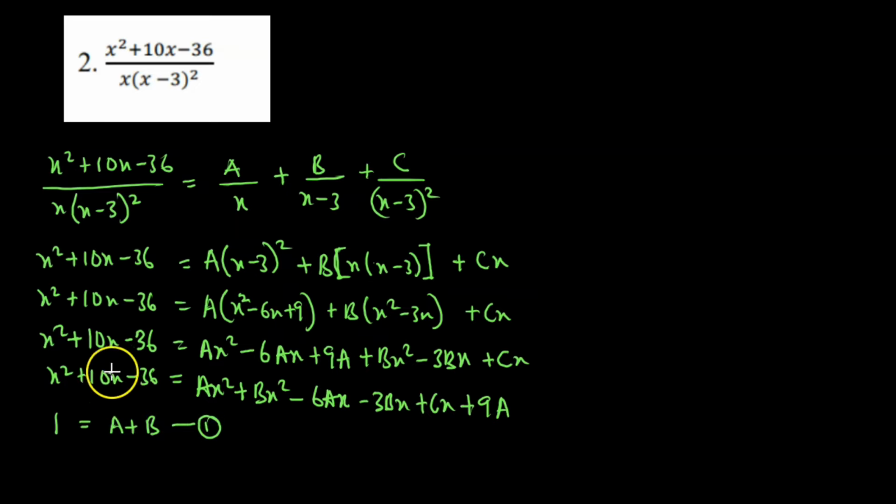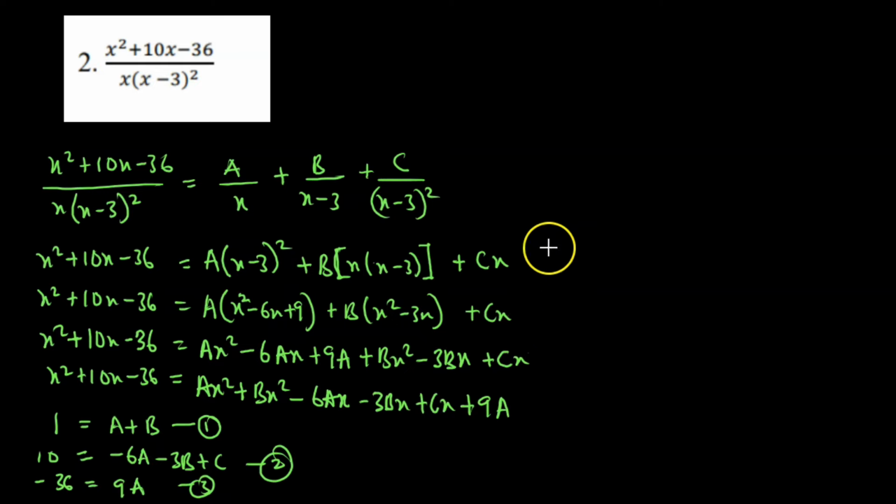Then the coefficient of x on the left hand side is 10, equal to the coefficient of x on the right hand side, negative 6a minus 3b plus c, that is equation 2. Then the third equation is the constant. The constant on the left hand side is negative 36, and that of the right hand side is 9a. So that is equation 3.